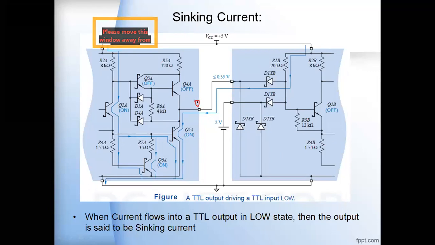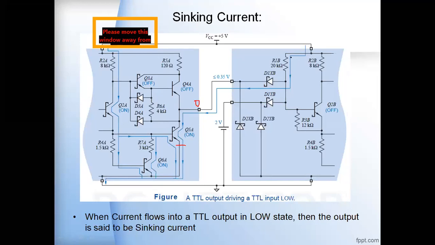So when the TTL input is driven by the low output of another TTL gate, in this condition, you see, the transistor Q5 is on, thereby it provides a ground path for current flowing out of the diode D1XB here.